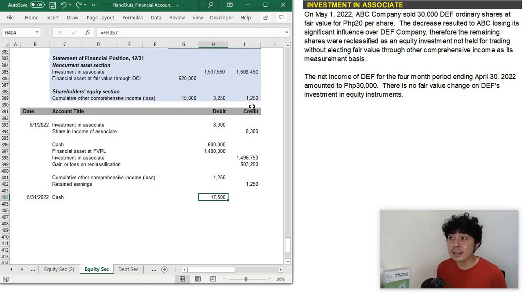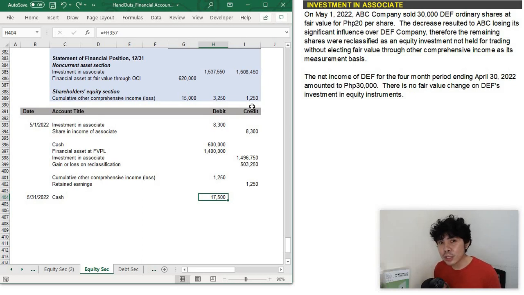Kasi binenta nga natin yung 30,000 ordinary shares between date of record at date of payment, which is yung fair value niya rito is ex-dividend. Ang ibig sabihin kasi ng ex-dividend, pwede nating ibenta yung shares separately from the dividend. Kasi kapag dividends on, hindi mo pwedeng ibenta yung shares without also selling the related dividend.